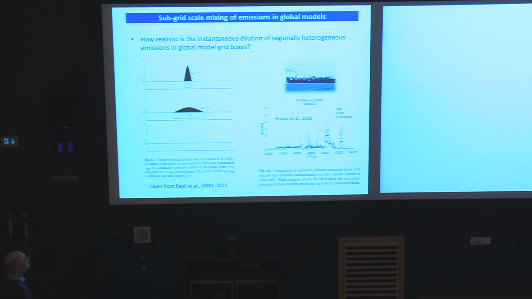So let's have a look at a container ship that might travel across the Atlantic through a quite clean, unpolluted marine boundary layer, and from the smokestack come emissions of carbon dioxide and water vapor, obviously. But for us, from a chemical point of view, more interesting are sulfur compounds, oxides of nitrogen, and black carbon. Now, these emissions, or the plume that is released by a ship, is relatively narrowly confined.